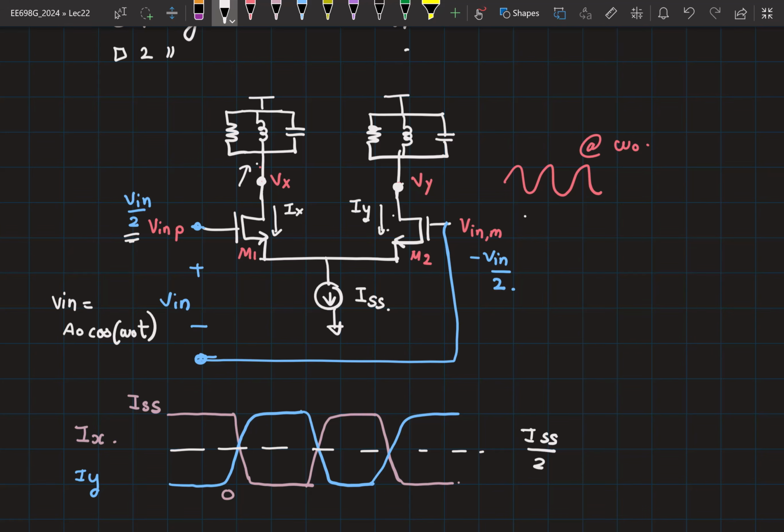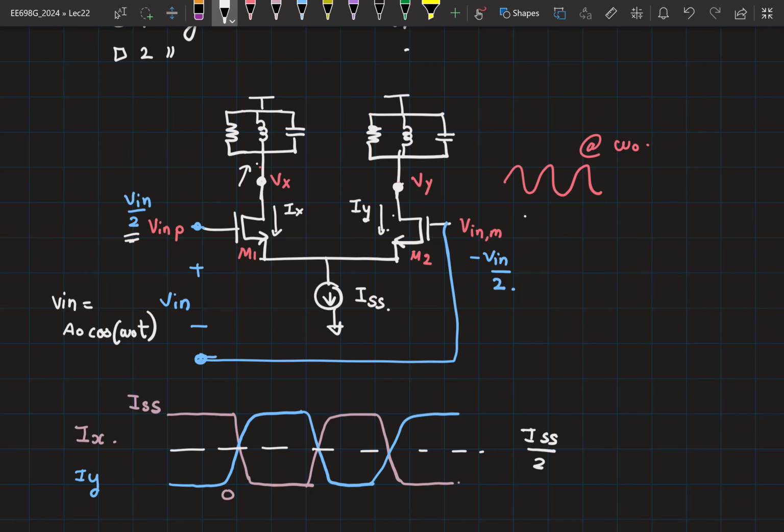Always the fundamental is going to generate a voltage at the output. So you can look at what is the current profile you expect, and you can look at the fundamental of that and calculate the output signal. The frequency will be at omega naught and the amplitude will directly correlate with the amplitude of the fundamental.